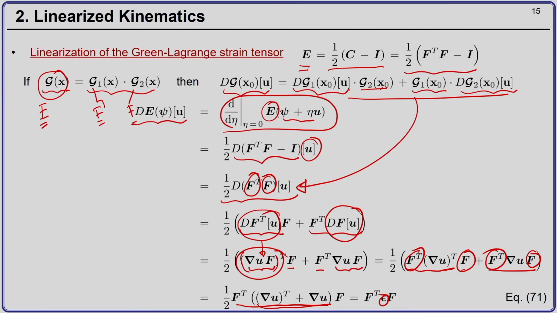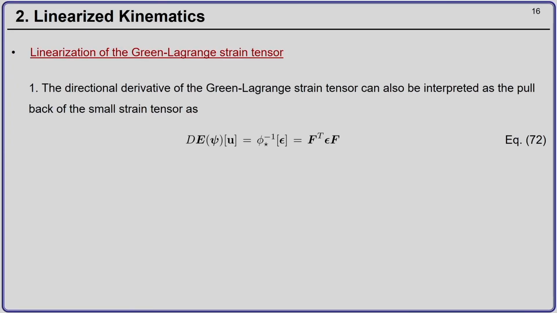expression for the directional derivative of the Green-Lagrange strain tensor E evaluated at psi, at the current position, in the direction u as F transpose epsilon F. So, that is the directional derivative of E, the Green-Lagrange strain tensor. Now, I can interpret the directional derivative of the Green-Lagrange strain tensor as the pullback of the small strain tensor.